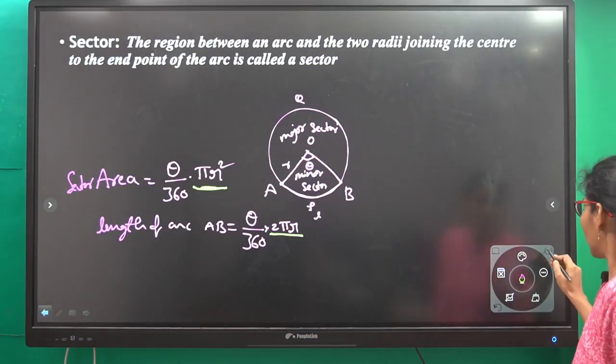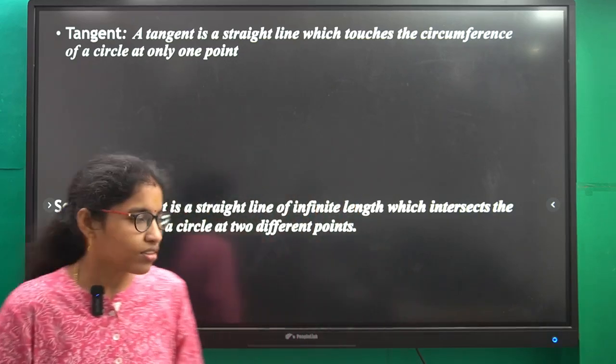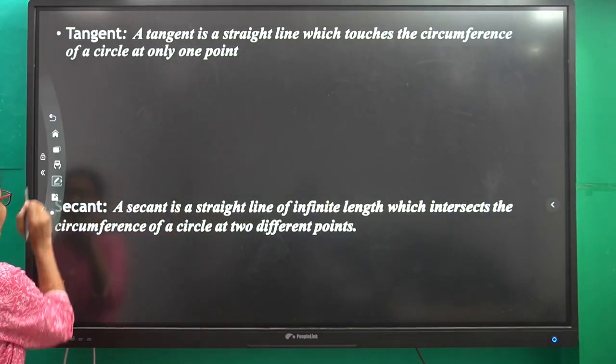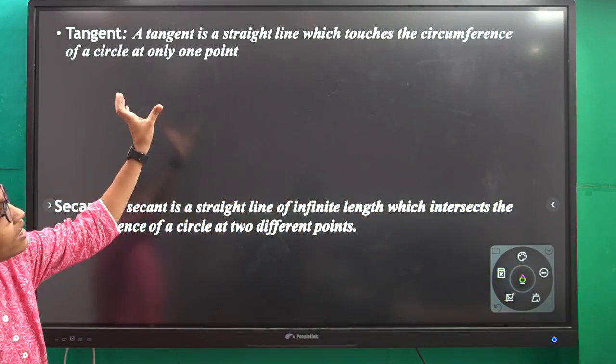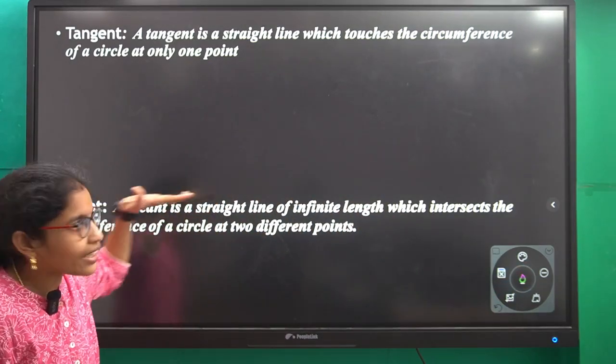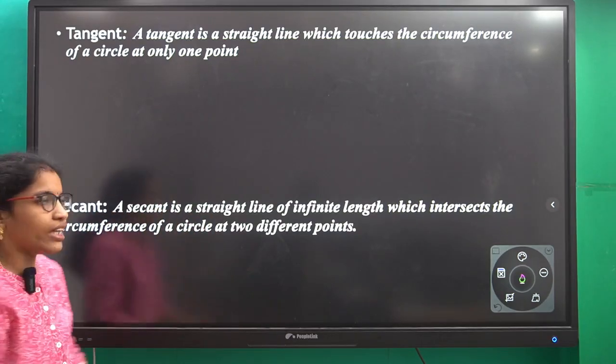The next topic is tangent and secant. You know what is meant by a tangent. A tangent is a straight line which touches the circumference of the circle at only one point.